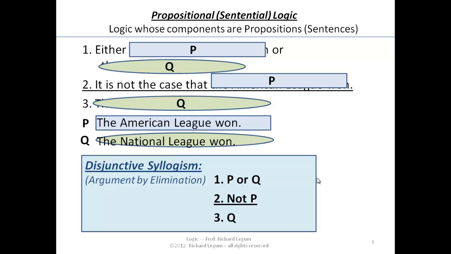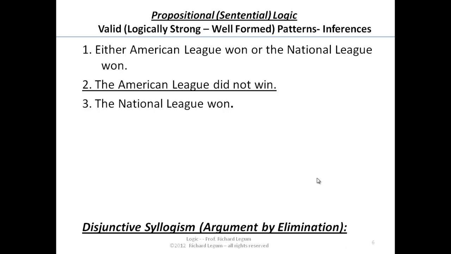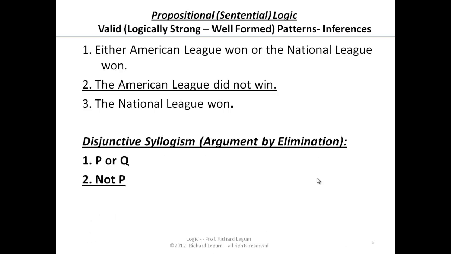And one thing that's clear is this is logically a very strong inference. It is a good pattern of inference, and it is one of our valid forms of inference.